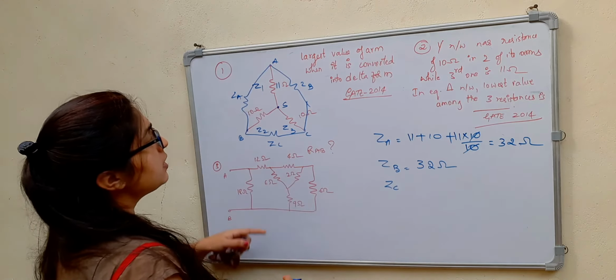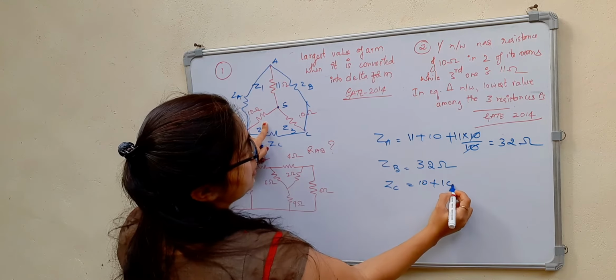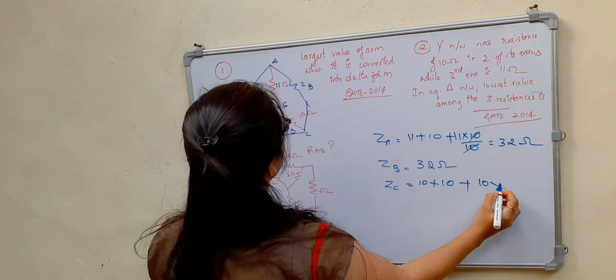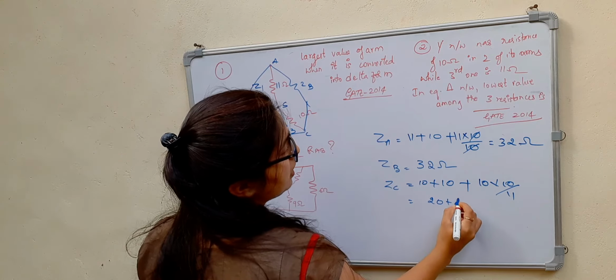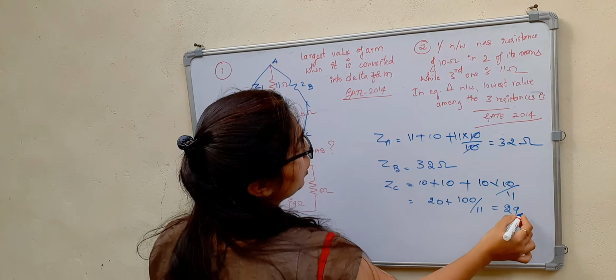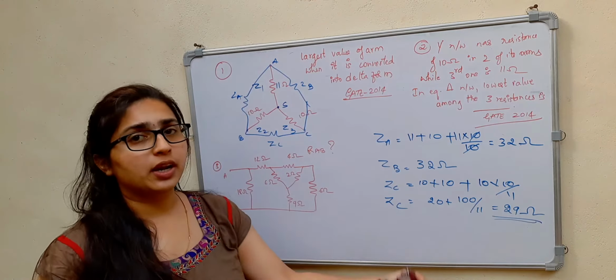Then ZC. ZC is nothing but the opposite is 10 plus 10, plus 10 into 10 divided by 11. So it is 20 plus 100 divided by 11, that is almost equal to 29 ohms.